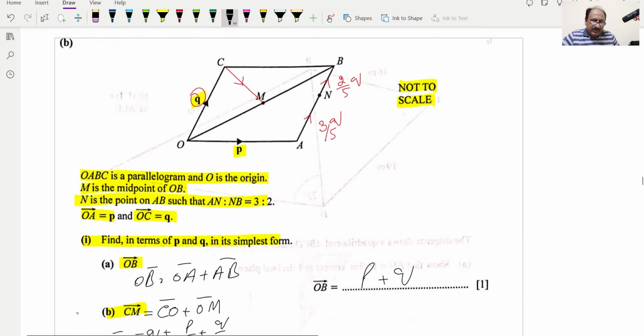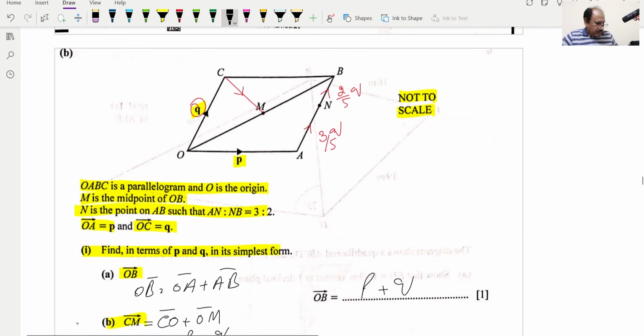Now MN is required, and MN direction is this one.